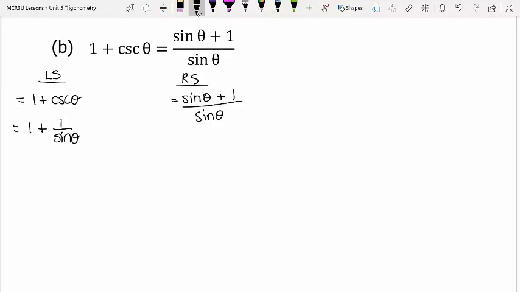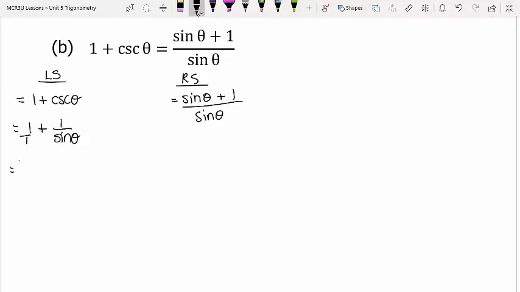Okay, now I like to try and add those two together, 1 plus 1 over sine theta, because if I look on my right-hand side, everything's added together. It's not that we have two different terms. So in order to add 1 plus 1 over sine theta, I need common denominators. Okay, so I'm going to multiply 1 times sine theta over sine theta. So this is showing you that one trick that I mentioned earlier, creatively multiplying by 1.